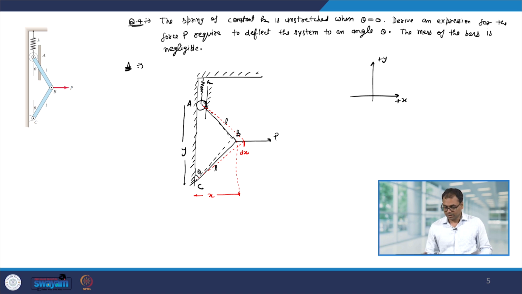Now, I can write down the equation for the virtual work. So, this is delta u equal to 0. We have force P acting in the x direction, so the virtual displacement is delta x, which is consistent with the constraint that we have, plus F delta y equal to 0. Now, as usual we have to identify the generalized coordinate, and from here it is obvious that theta is the generalized coordinate.